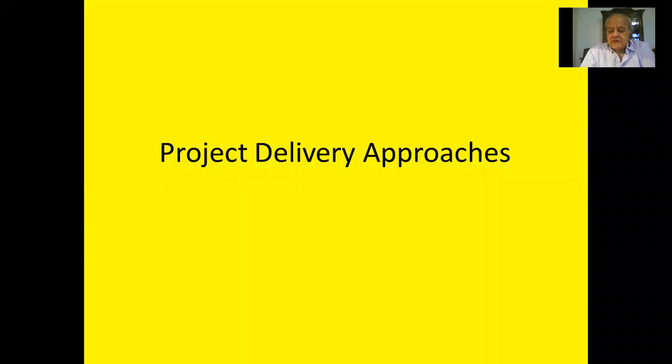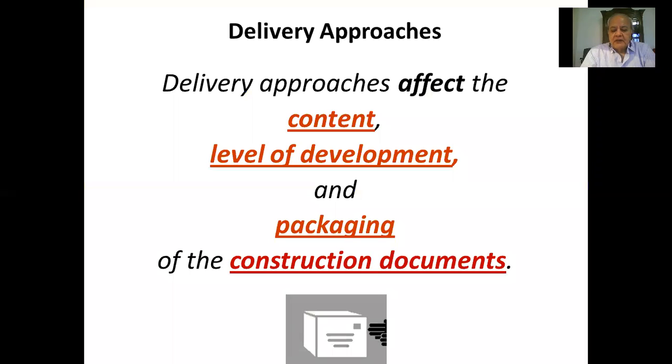As we discussed yesterday in the construction documents, you also need to understand the delivery approach that the owner intends to adopt, so that you prepare your working drawings and construction documents according to that. So they affect the delivery approaches, they affect your packaging of the construction documents.